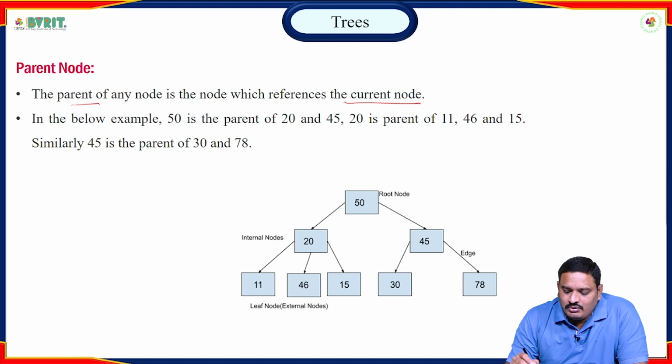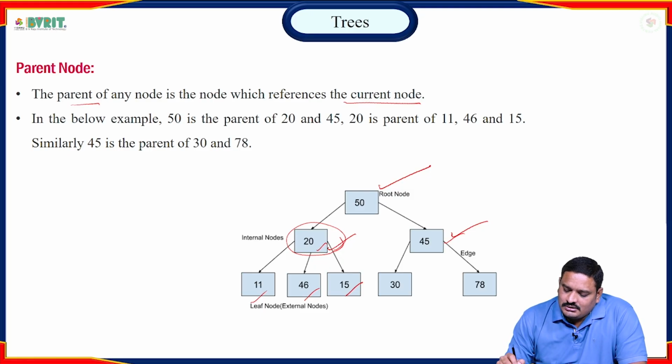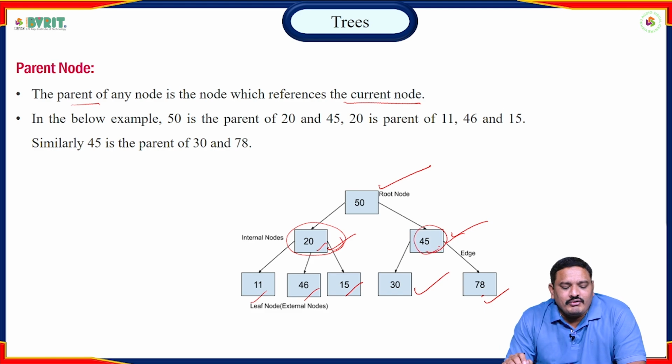In this example, 50 is the parent of 20 and 45. 11, 46, 15, these three elements are children of 20, so 20 is their parent. Again, in the other subtree, 30 and 75 are children of 45, so 45 is their parent.